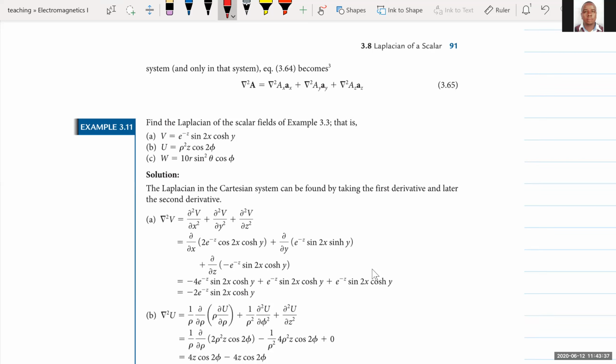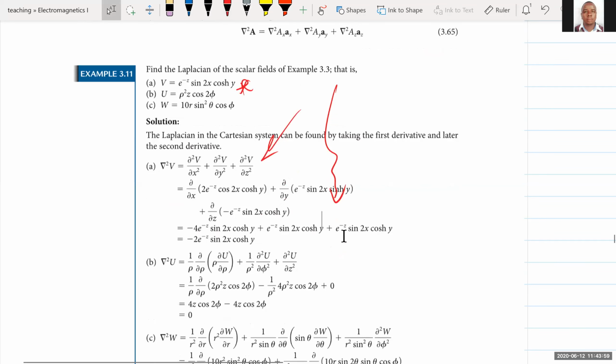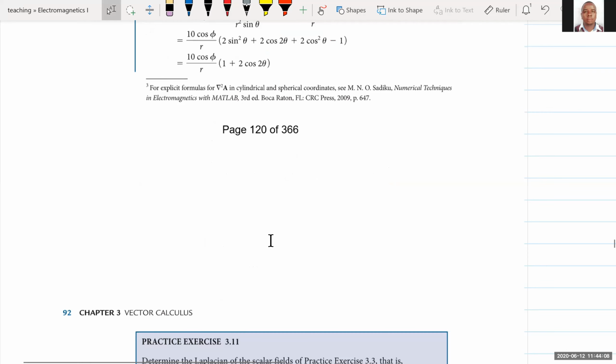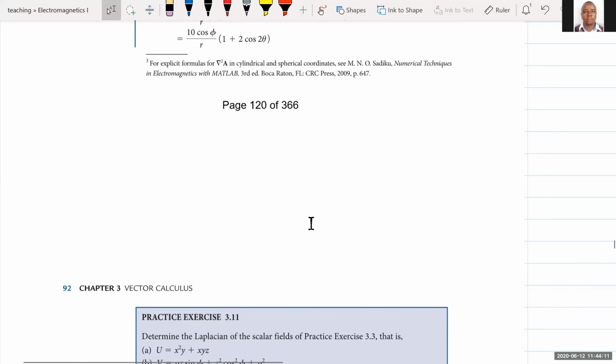And then there are some examples here, which again, as long as you have the formula, you can find the Laplacian of this scalar, which is defined in Cartesian coordinate system, following this example here, which again, I don't intend to go through because this is pure mathematics. There is an example in cylindrical and spherical as well. I've mentioned that you'd be provided with those formulas.